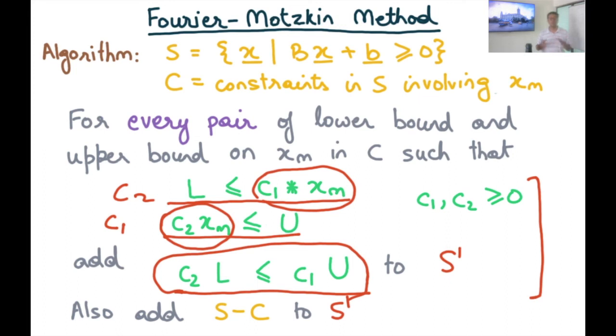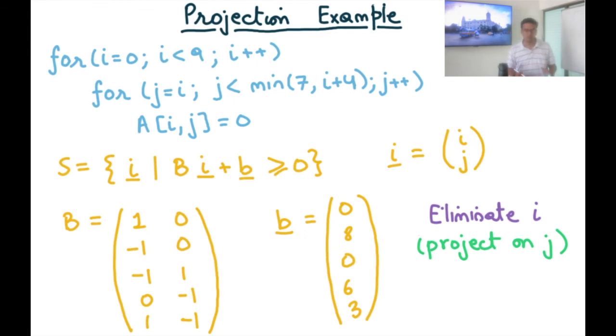For those equations that involve xm, I bring them to either the first form, which is L is less than or equal to C1 xm, or the second form, which is C2 xm is less than or equal to U. For every such pair, I do a pairwise analysis: for every pair of first and second, I add C2L is less than or equal to C1U. I get a bunch of constraints, and I add all those constraints to S prime, and whatever I get is my resulting projection S prime. Now let's look at an example to see this in action.